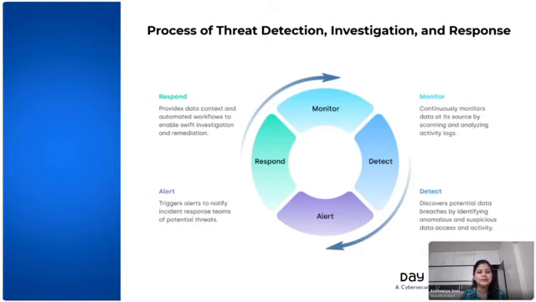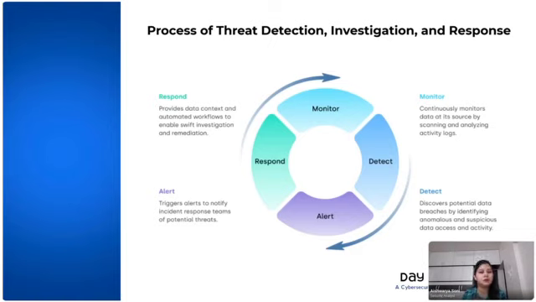There is an incident response team, or SOC team, that is the security operations center team, that will be working on the alerts and incidents being triggered. And once we have that threat alert or incident, we have the next step, to respond.